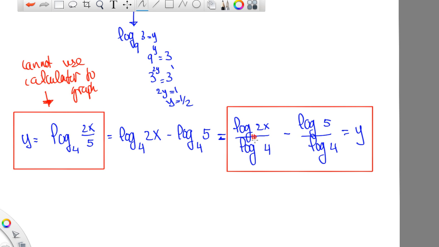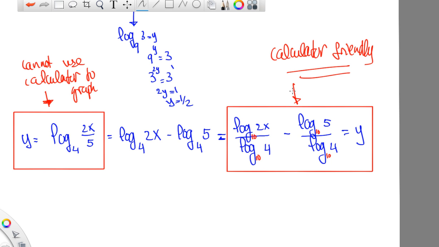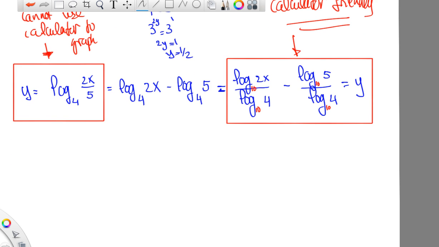So this one is a log 10, that one's a log 10, so I can put those in the calculator. Log 10 of 5 I can put in, and log 10 of 4 I can put in. So here's an expression that would be calculator or technology friendly. Sometimes we rewrite this stuff so that you can plug it in a calculator and see what you get out of it. So let's do one more of that.